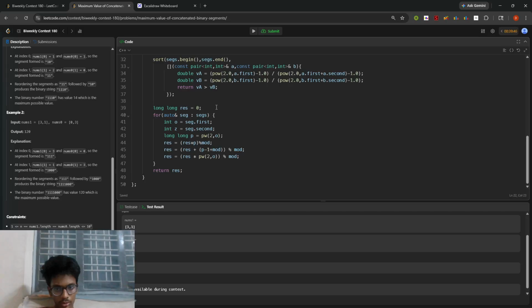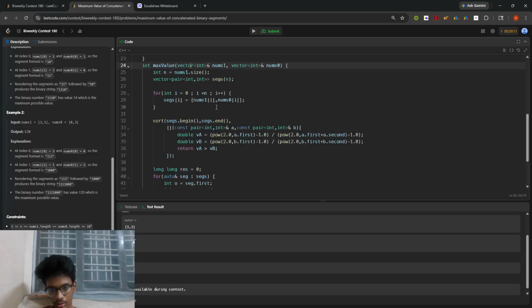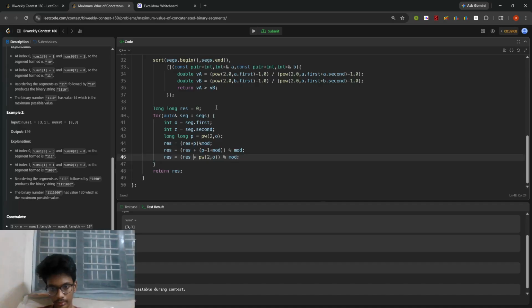Z is the number of zeros. p is equal to 2 power 0, sorry, 2 power number of ones, result equal to result into p modulo mod, this is right, result plus p minus 1 plus mod modulo mod, result into, okay, sorry for this, should be number of zeros, right?